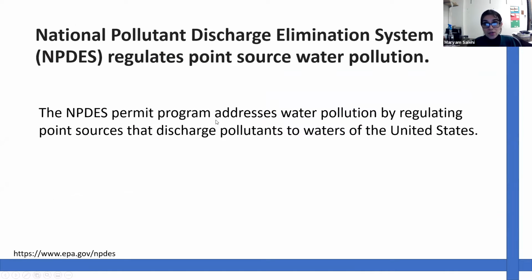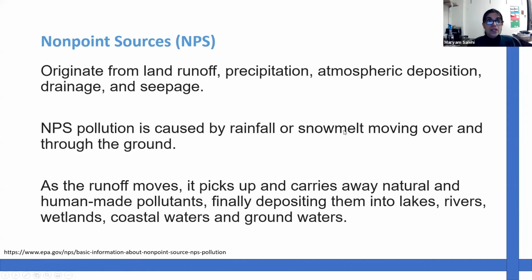We have regulation that controls point source pollution, and all of the locations that are releasing pollution to the waters of the United States need to have appropriate permits. For example, industrial facilities need an appropriate permit so they can discharge pollutants to the waters of the United States. But on the other hand, we have non-point source pollution.